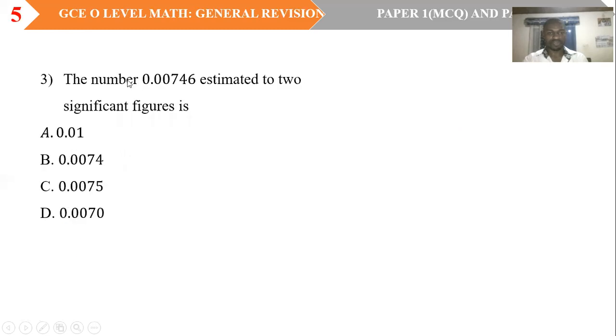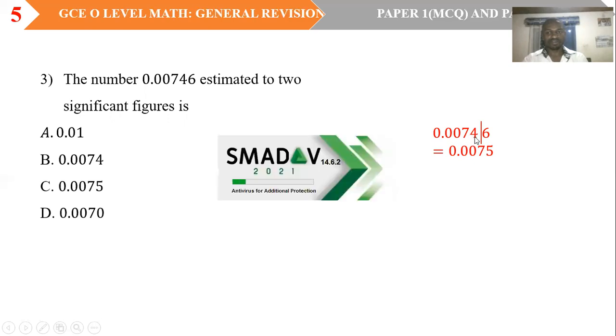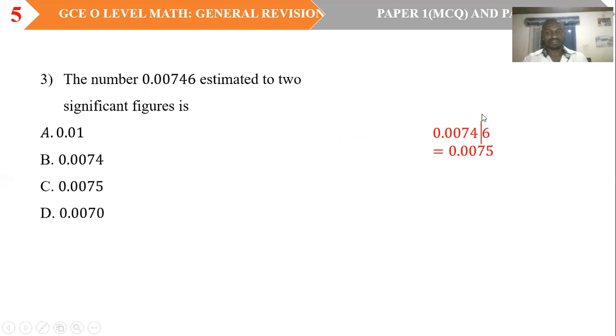Answer D. Question 3, the number 0.00746 estimated to two significant figures is, all the zeros in this number are not significant. So the first significant figure is 7, followed by the second, 4. After the second significant figure, we draw a line and look at the next digit.